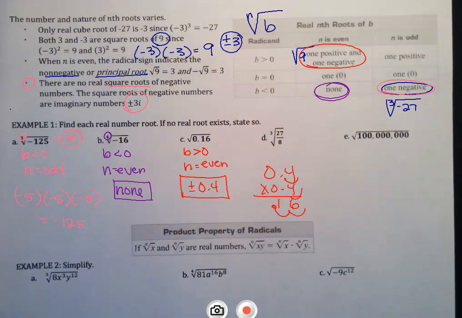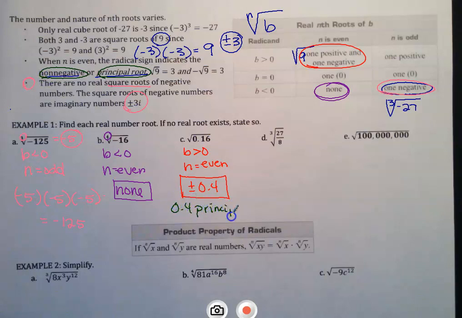So what's the principal root here? 0.4. Remember, the principal root just means the non-negative root. So 0.4 is the principal root.